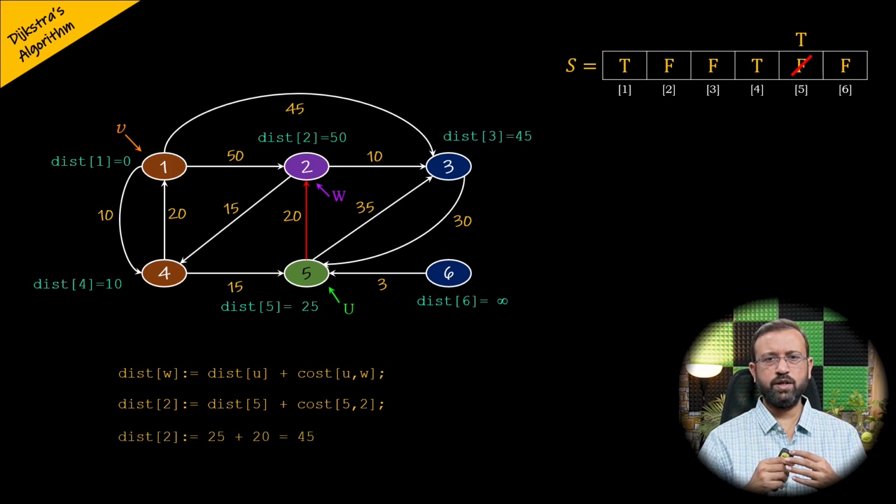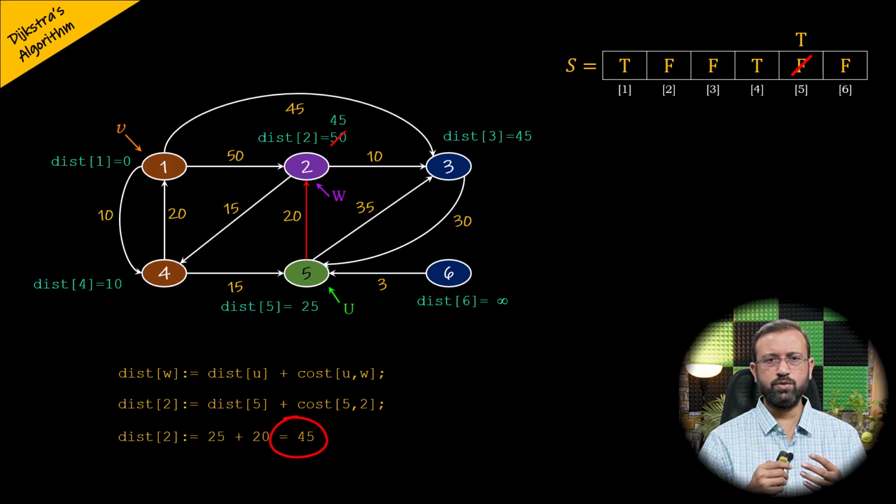The distance of vertex 5 is 25 plus the cost of the edge between vertex 5 and vertex 2 is 20. So the distance of vertex 2 will be 25 plus 20, which is 45. Now the new distance of vertex 2 is 45, which is smaller than the previous distance of vertex 2, which is 50. So we update the distance of vertex 2 to 45, and this is how the node relaxation is done for vertex 2.